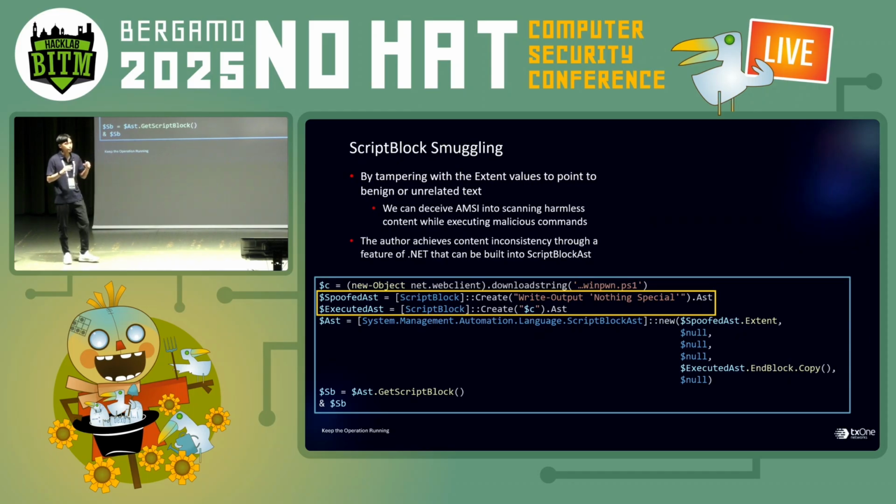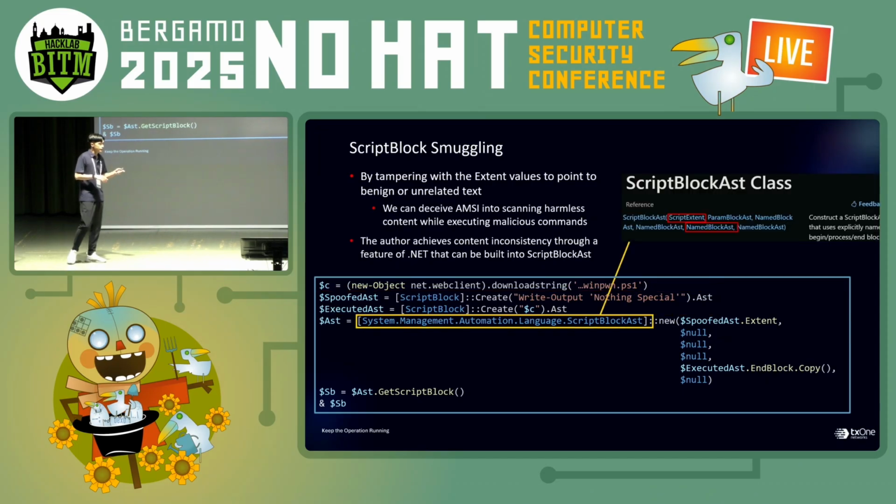This command will be logged. But the other one, the execute AST, creates a command that will be truly executed. Next, the script block AST with a new function helps combine the two script blocks into one script block. Using this script block to execute, there will be a new script block that gets executed.